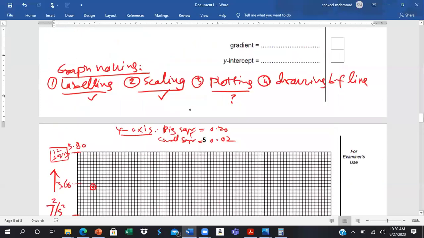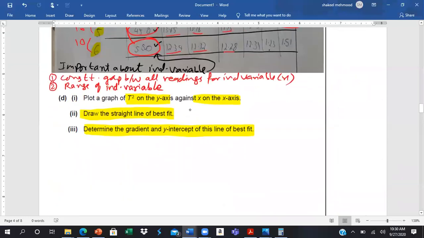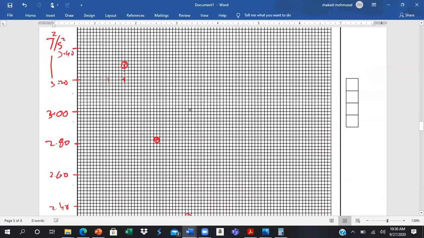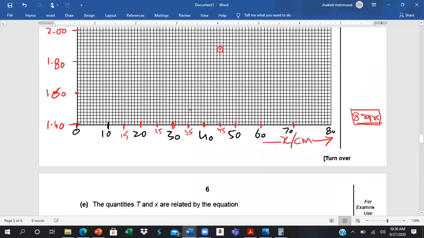Okay, and the last point is for 55, it is 1.51, sorry. So for 55, 1, 2, 3, 4, 5. Okay, this is 55. So for 55, it is 1.50, and 1.50 is somewhere over here.